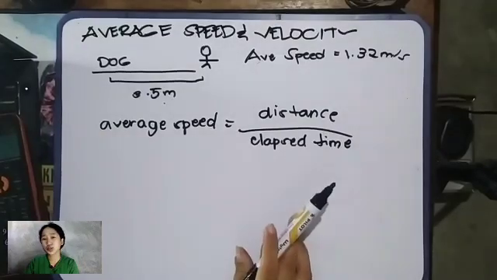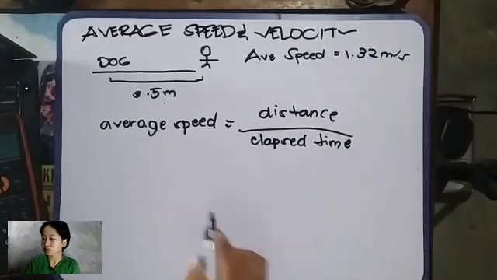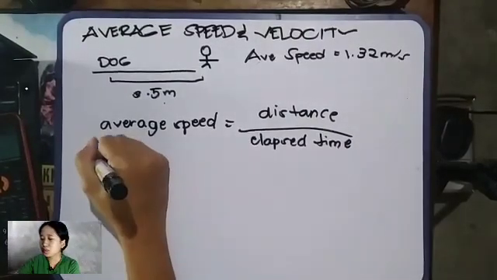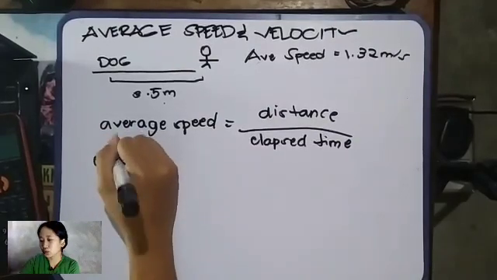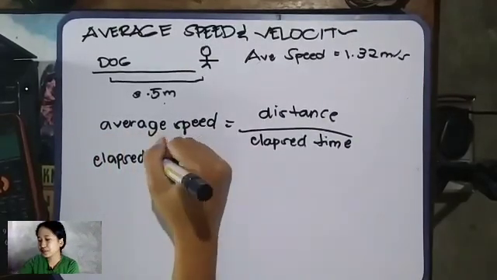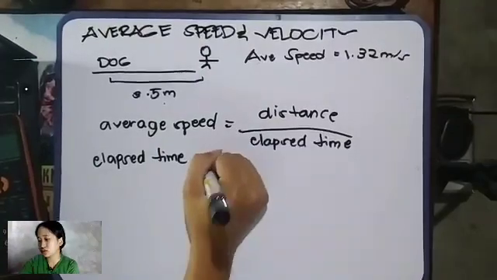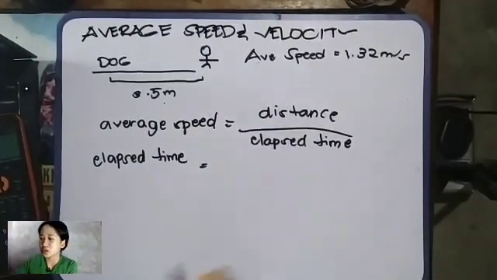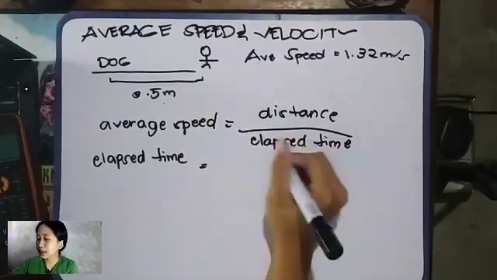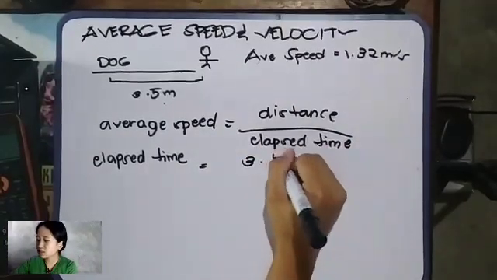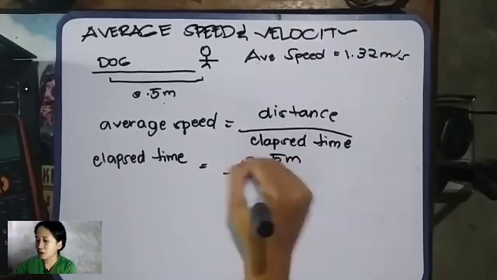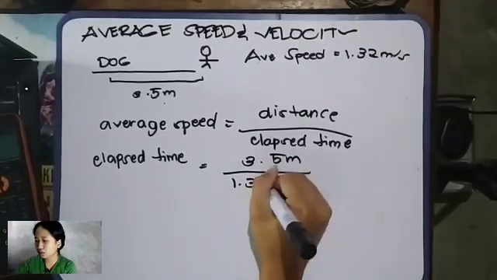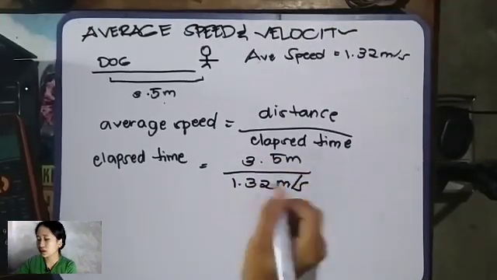So, ang gagawin natin is cross multiplication. Mapupunta na dito sa kanan yung elapsed time. Then, under na nun, yung average speed mapupunta sa distance. After nun, i-substitute na lang natin. So, distance is 3.5 meter all over 1.32 meter per second.